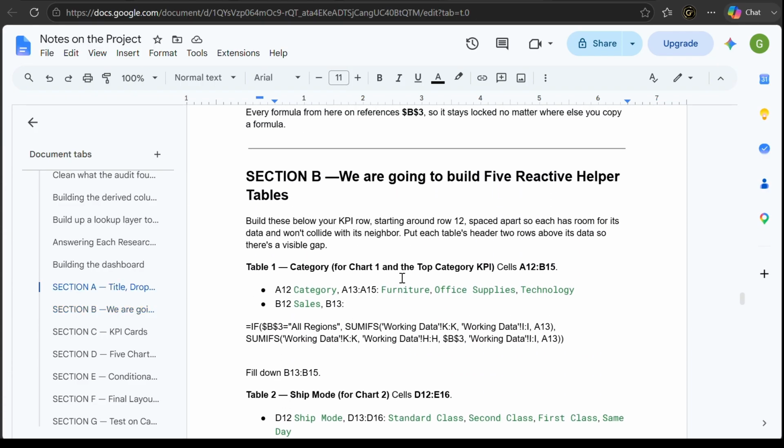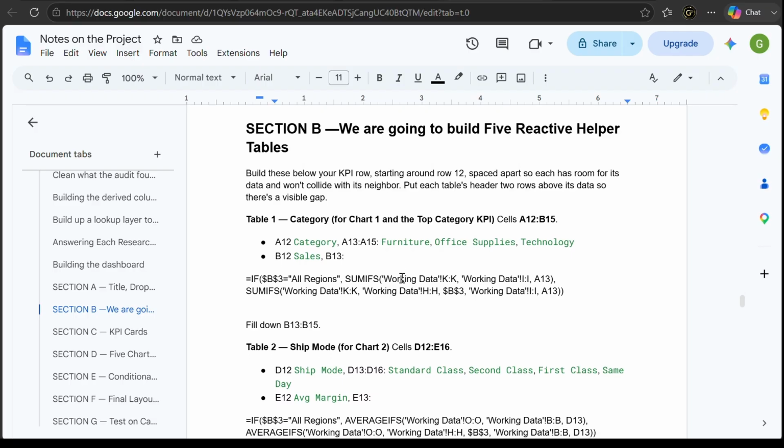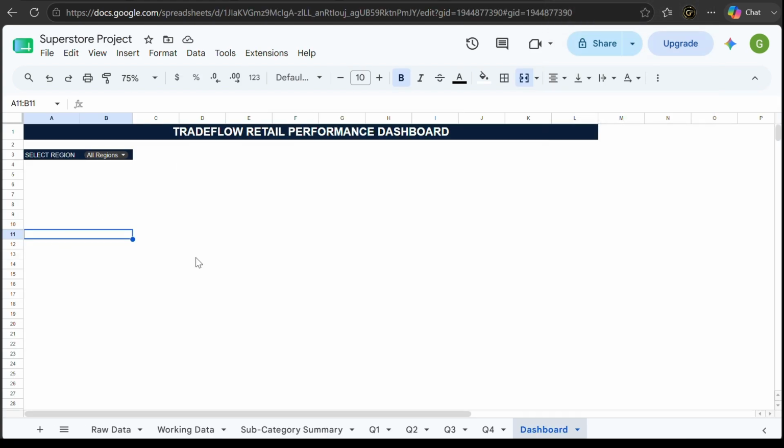So in order to save time, like I said, I'm just going to be going straight to making use of the formulas which I already have here, but I'm going to do my best to explain them so that you understand what each of them is doing. So I'm going to come here and start with the first one, which is sales by category. Sorry, this should be category, not sales.